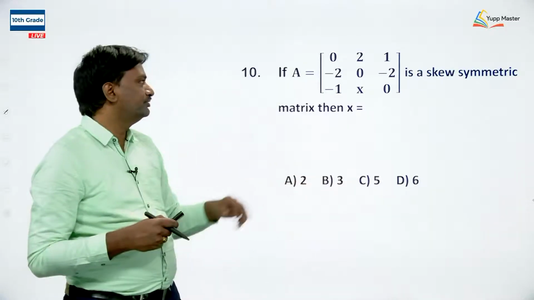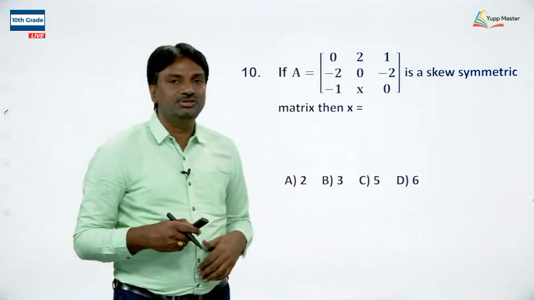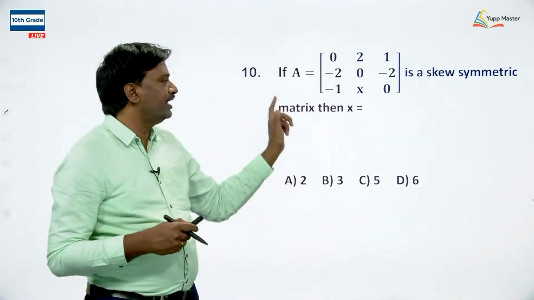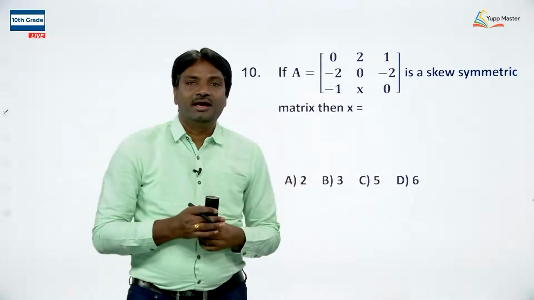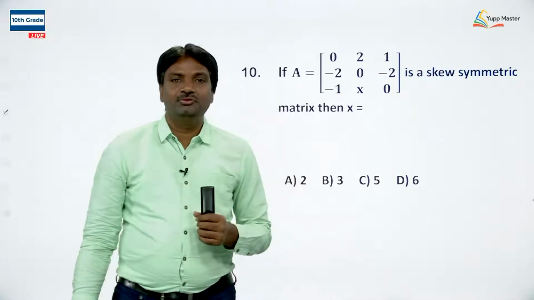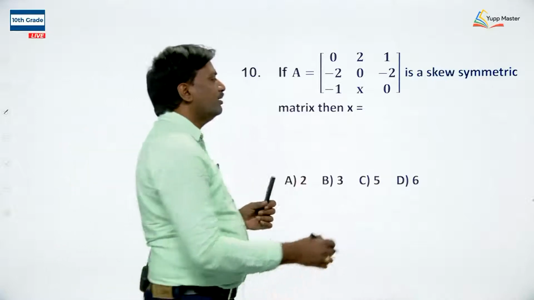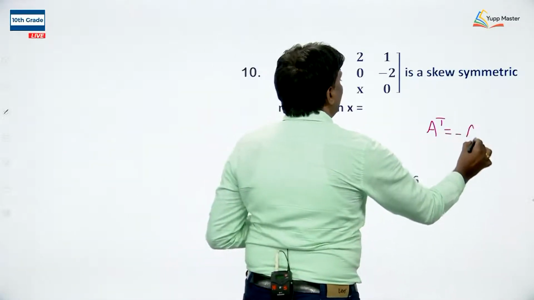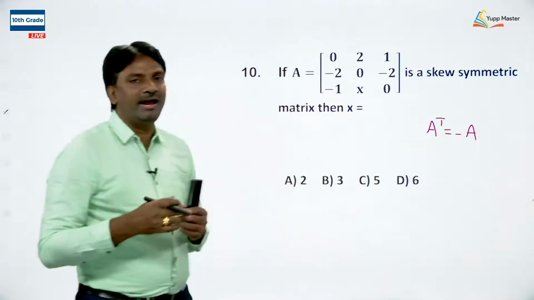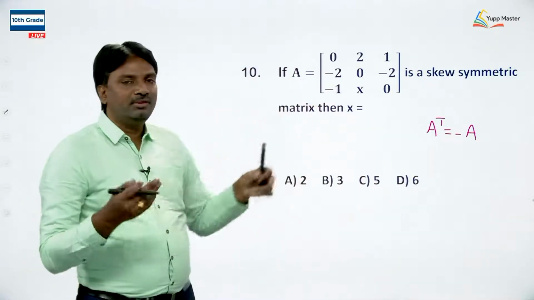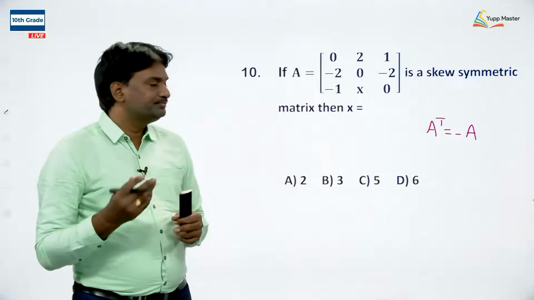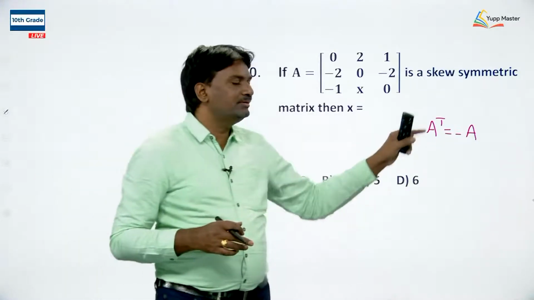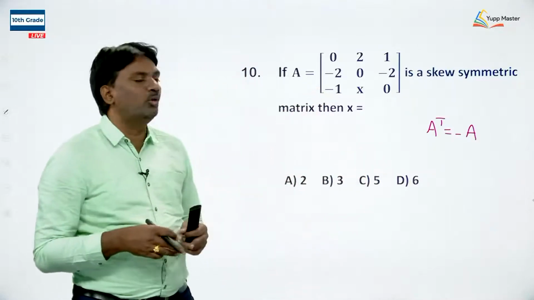According to the definition of a skew symmetric matrix, a square matrix A is said to be a skew symmetric matrix if A transpose equal to minus A. So this is A. By finding the transpose and multiplying each element of A by minus 1, equate the corresponding elements, and you will get the value of x.